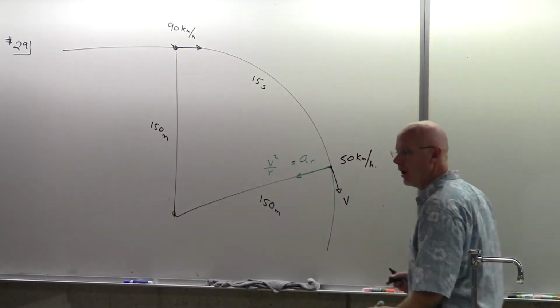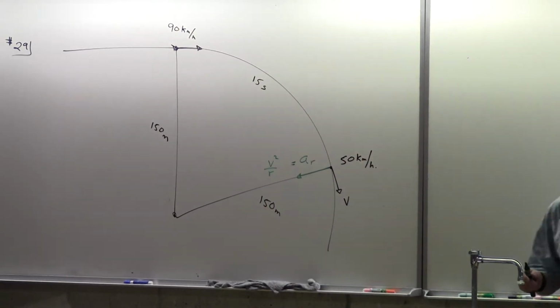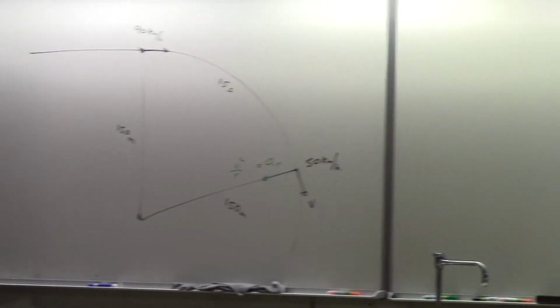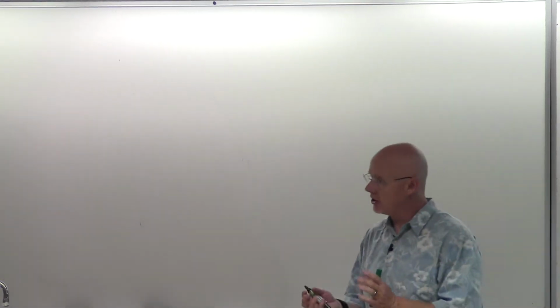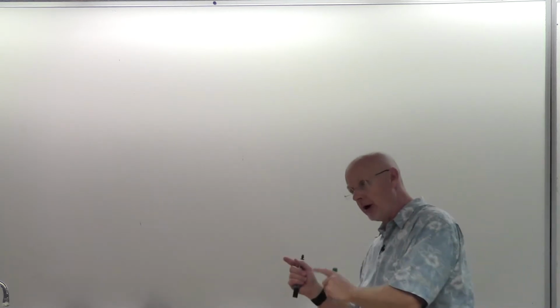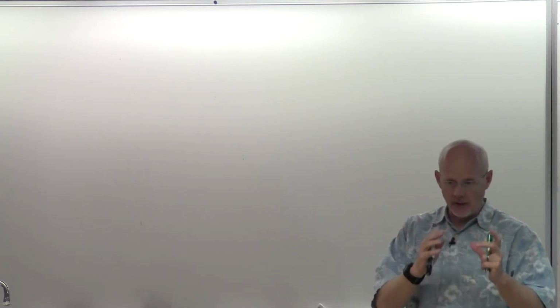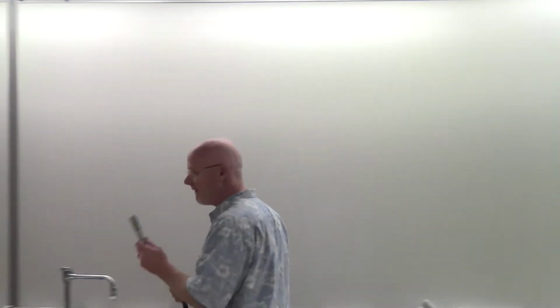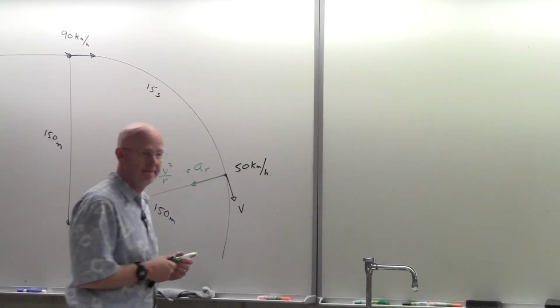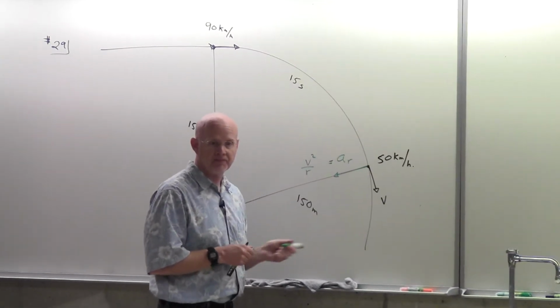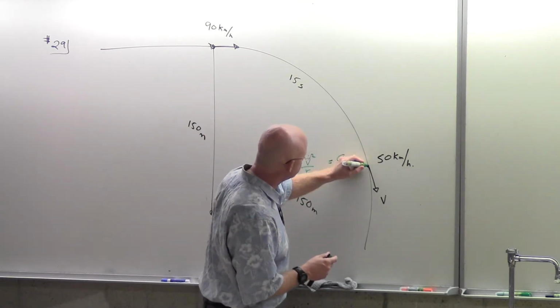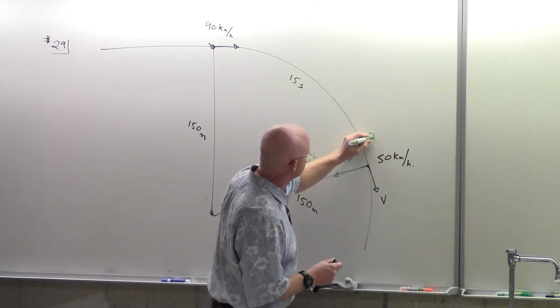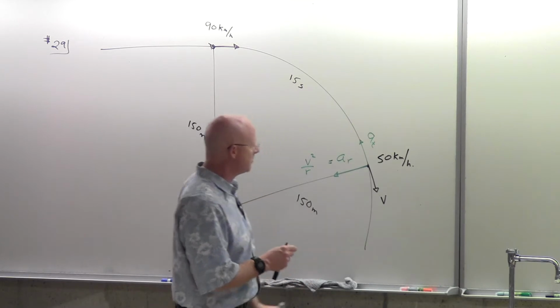V squared over r. But also, what else is happening? It's not just turning, it's also slowing, right? So, in addition to part of the acceleration turning it, the other part of the acceleration is slowing it down. How would that fit in this diagram? Opposite of the direction it is moving.